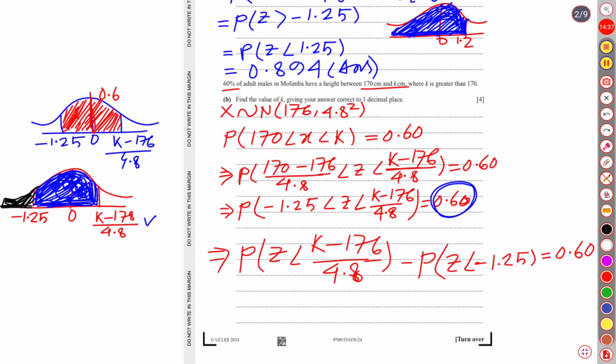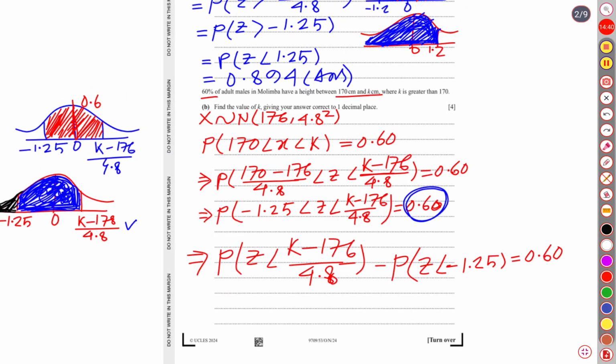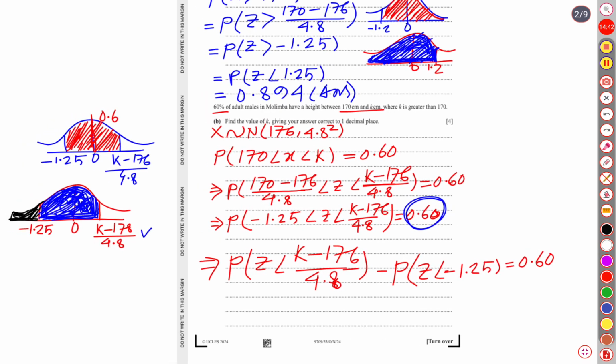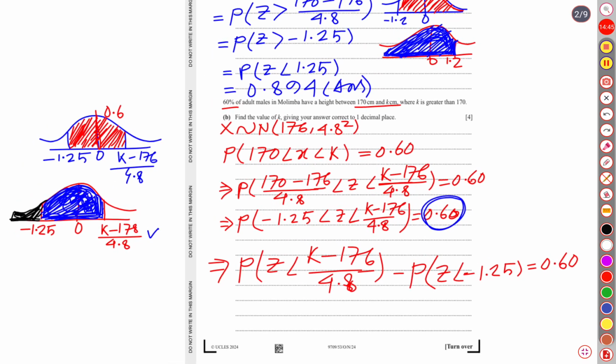Once again I am showing, we are going to get the probability when the z-score is (k minus 176) over 4.8, from which we subtract that tiny part when the z-score is negative 1.25. Now if we want the probability of this tiny part, we require this portion.